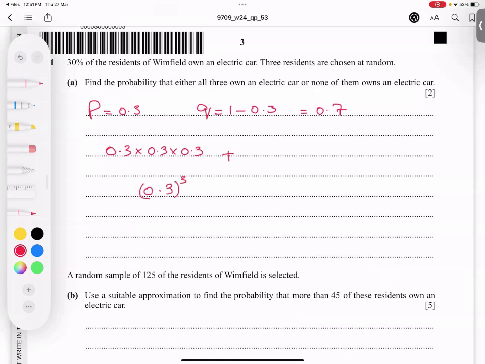Or if none of them have it, then 0.7 into 0.7 into 0.7, or 0.7 to power 3. If you type this in the calculator, the answer turns out to be simply 0.37.